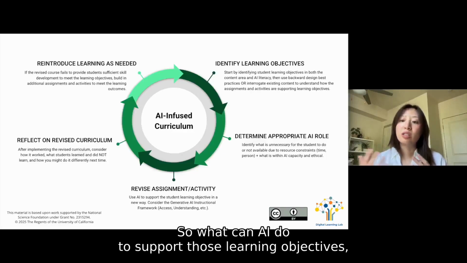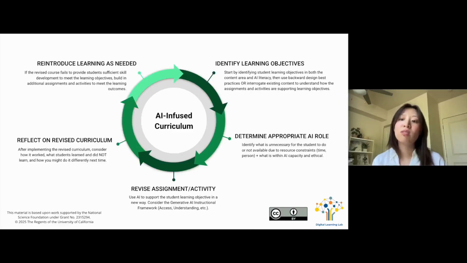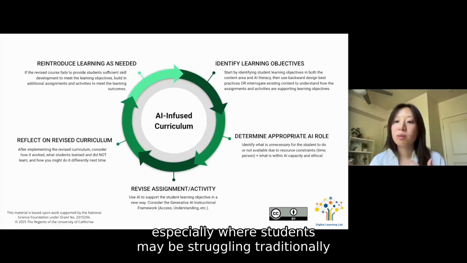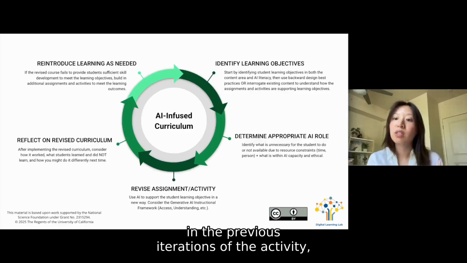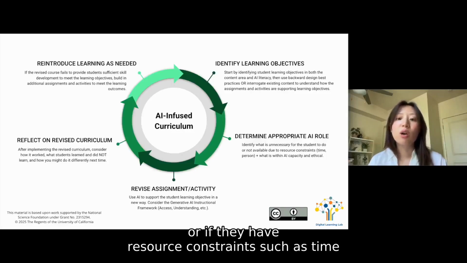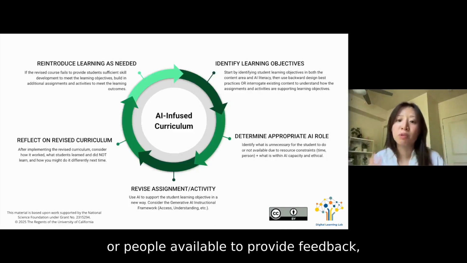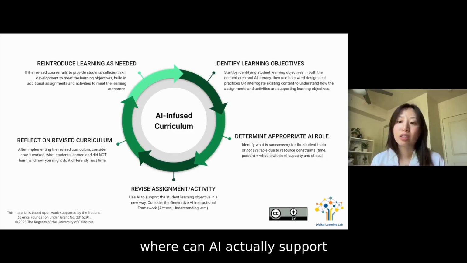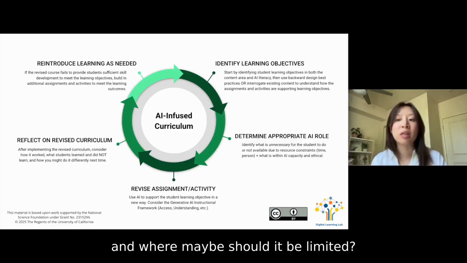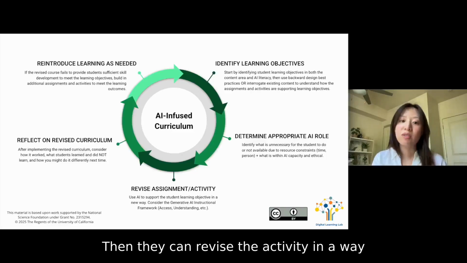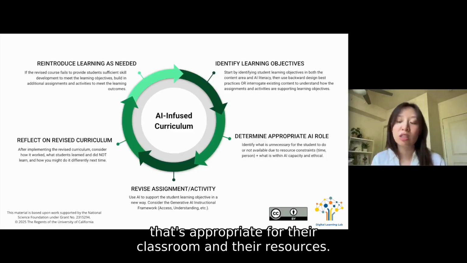So what can AI do to support those learning objectives, especially where students may be struggling traditionally in the previous iterations of the activity, or if they have resource constraints such as time or people available to provide feedback, where can AI actually support and where maybe should it be limited? Then they can revise the activity in a way that's appropriate for their classroom and their resources.